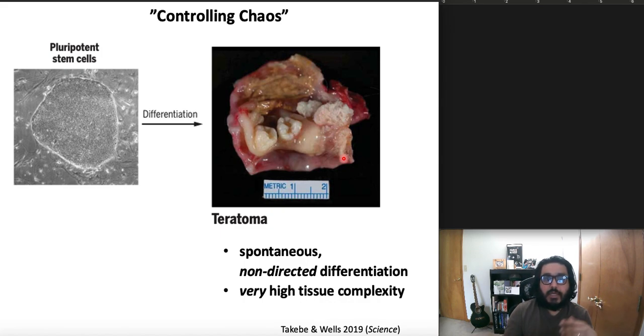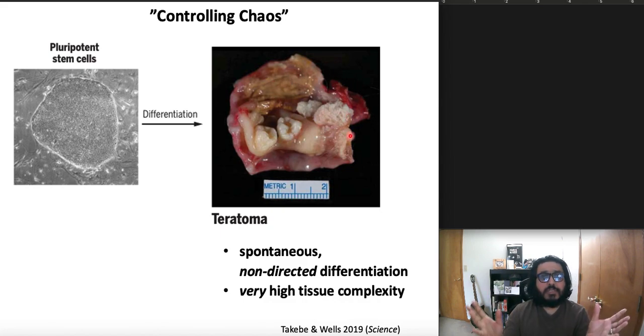Each part here developed into its own little organ. So you have parts here that look like maybe they came from kidney features. You have teeth that are appearing out of here. You have, looks like maybe, I don't know, gut or heart or intestine tissue here. You have, I don't know what this is, some fat tissue. So it's just a mess.